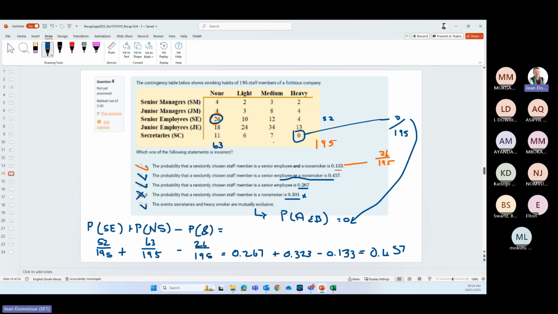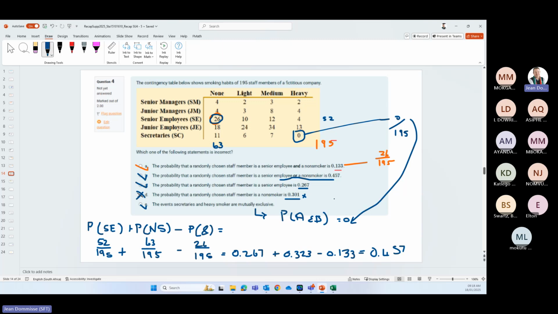But here, there are 0 people that are secretaries and heavy smoking, so they are mutually exclusive because the probability of secretaries and heavy is 0.